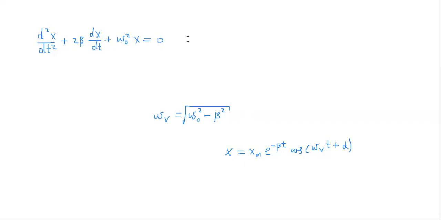Here we are considering that omega zero is more than beta. So natural angular frequency is more than damping coefficient.